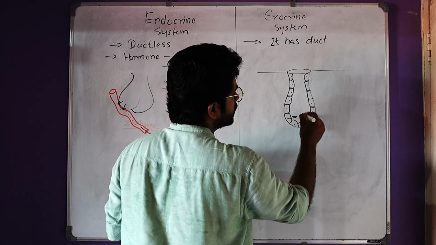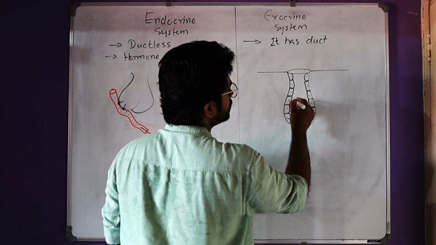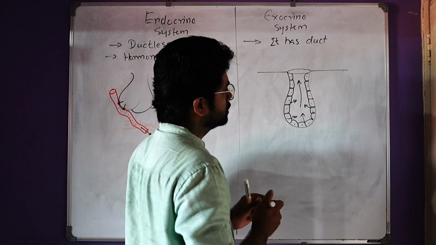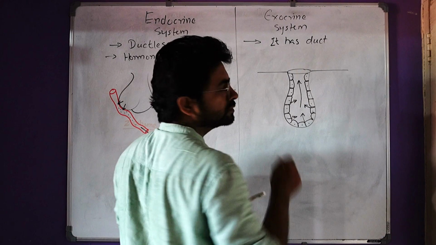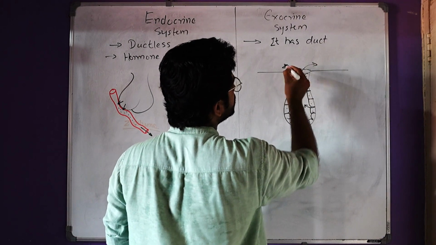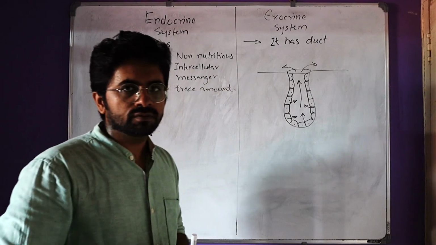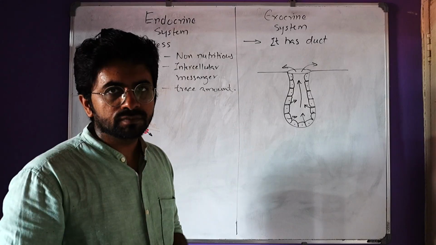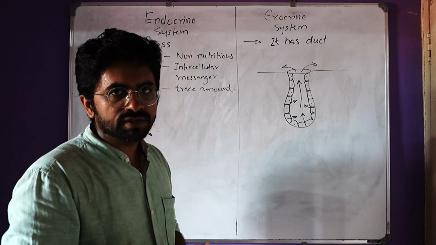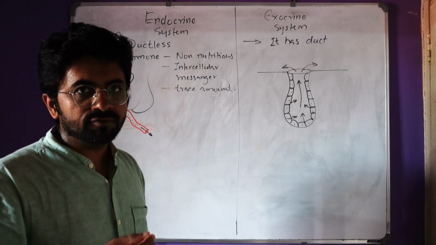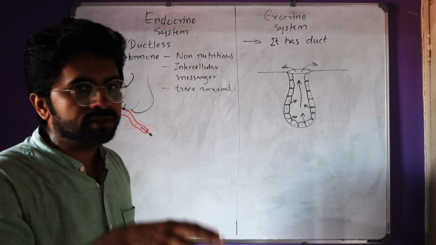When it is released, the chemical flows through this channel. It looks like a tube, and then the chemical is released on the surface. Examples can be sweat released on skin surface. Another example can be sebaceous gland, sebum, which is oily secretion for the protection of skin.